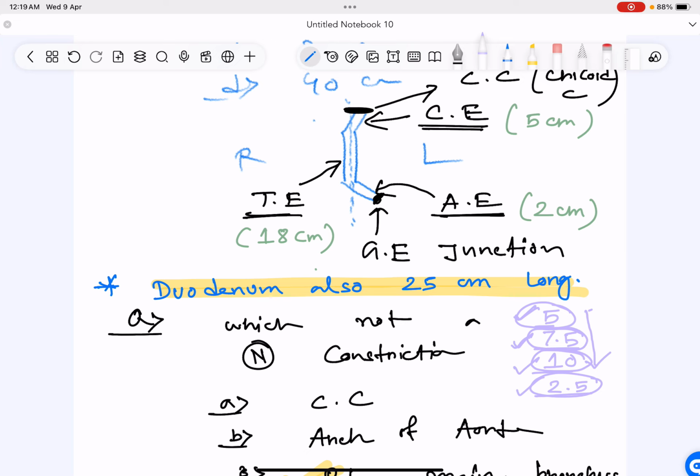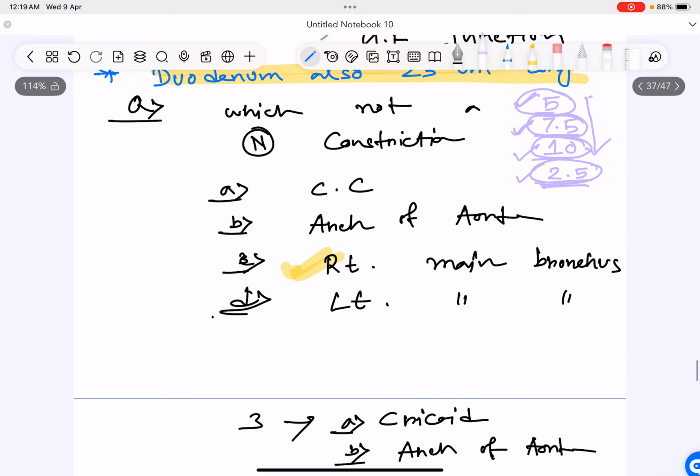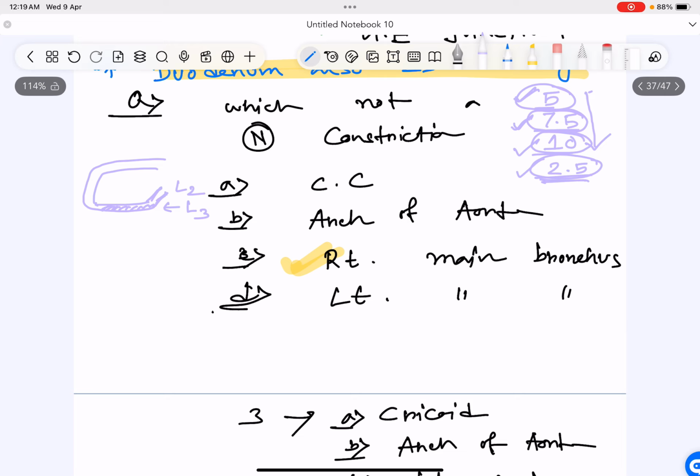So it is superior, descending, horizontal, and ascending. The horizontal part of the duodenum is at the L3 level, but this one is at the L2 level. That is why we call this part the ascending part.